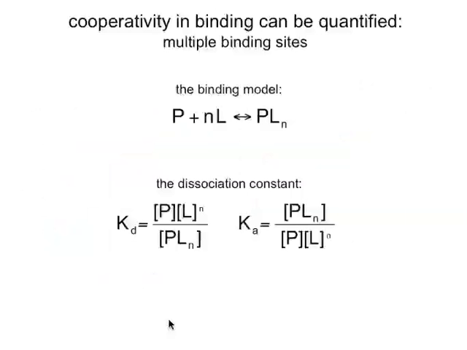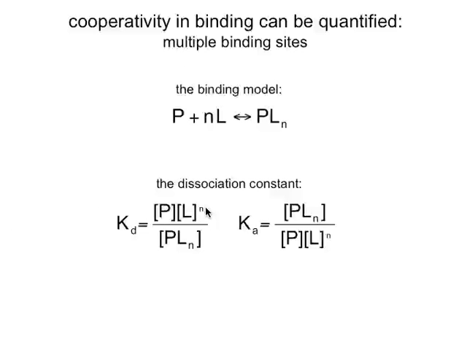We can quantify this as well, and now we introduce a new model that has this guy here, the n. And when we write an equilibrium constant, then the n becomes an exponent, right? So here's an association or dissociation. Let's stick with dissociation for our purposes. The dissociation constant now has this exponential feature that allows us to quantify the cooperativity, right?